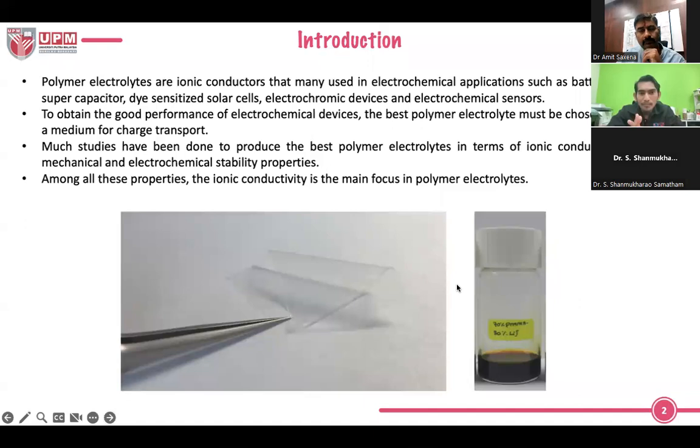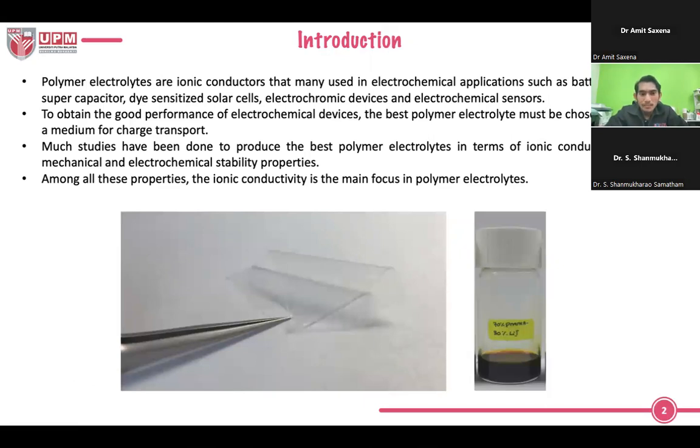So basically, we know that the polymer electrolyte is an ionic conductor that many use in electrochemical applications such as battery, fuel cell, supercapacitor, DSSC, electronic device, and electrochemical sensor.